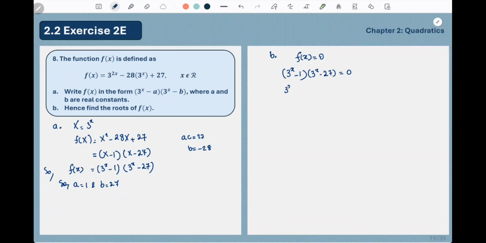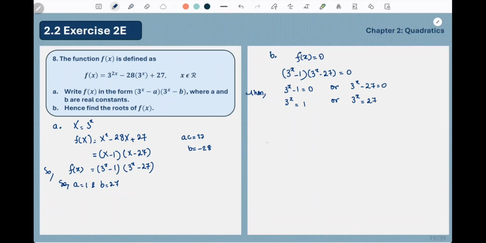So either 3 to the power of x minus 1 equals 0 or 3 to the power of x minus 27 equals 0. 3 to the power of x equals 1, or 3 to the power of x equals 27.